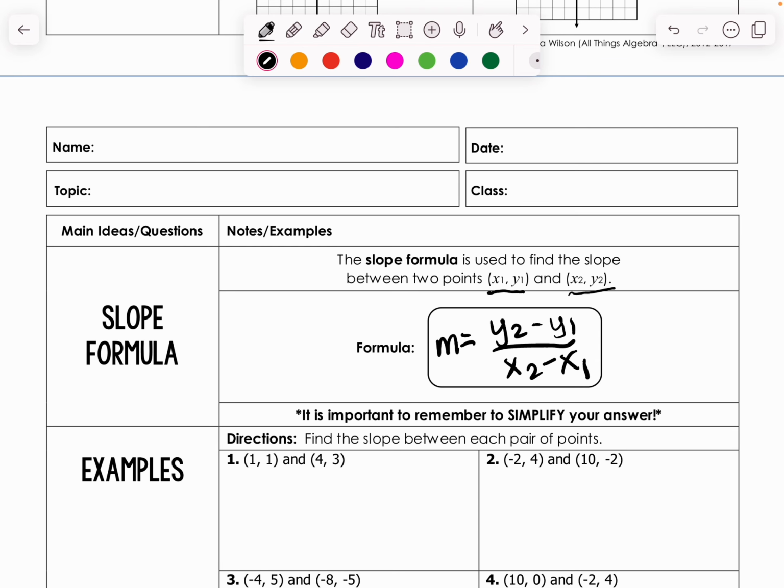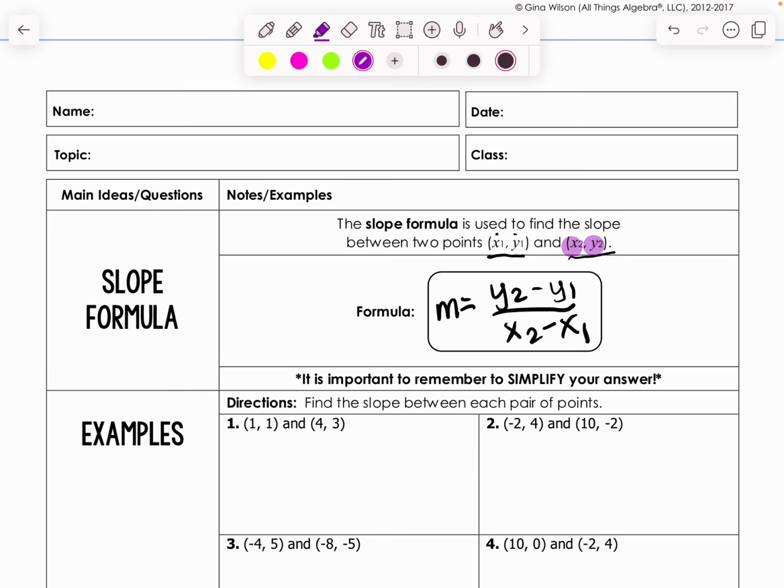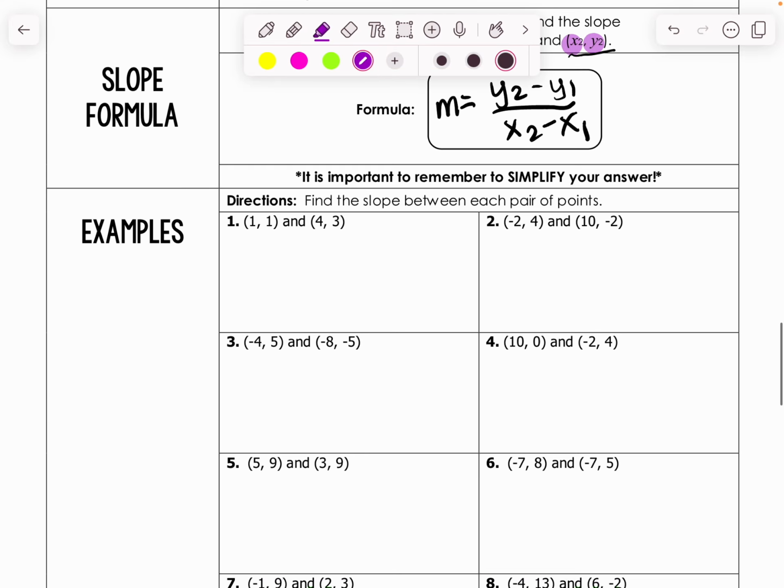It doesn't matter which one's x1, y1, or x2, y2, but what you do have to make sure is that if we label this x1, then this has to be y1. And if we label this x2, then this also has to be y2. Okay, so what does this look like? So we write the equation, m, remember m is our slope, equals y2 minus y1 over x2 minus x1. That's the equation we're using.